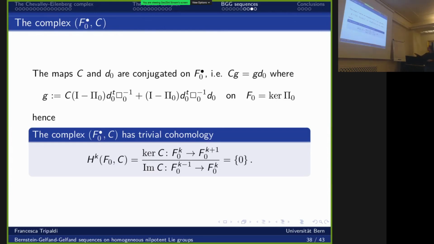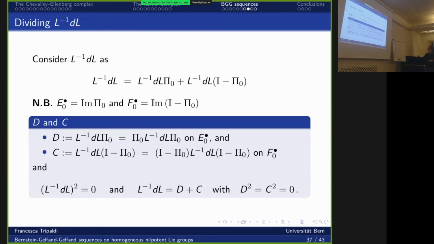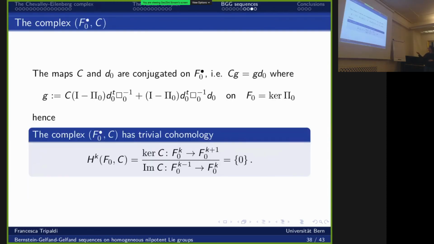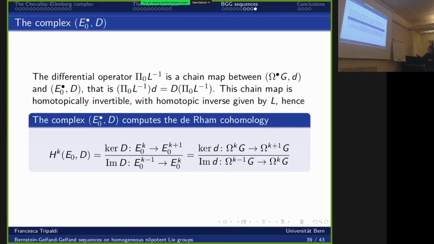So actually, when we decouple this with the C, useless. So let's do the other one. For the other one, you actually see that it's conjugated to the de Rham complex. So it computes the same cohomology. So you have E0 and D, and it computes the same cohomology as the de Rham cohomology.